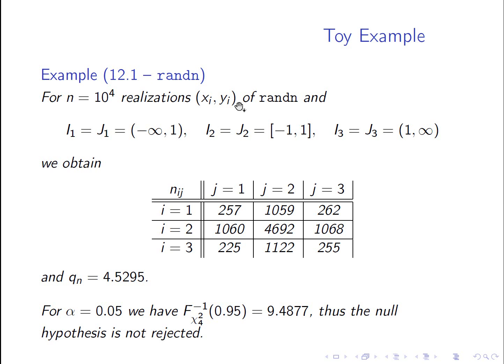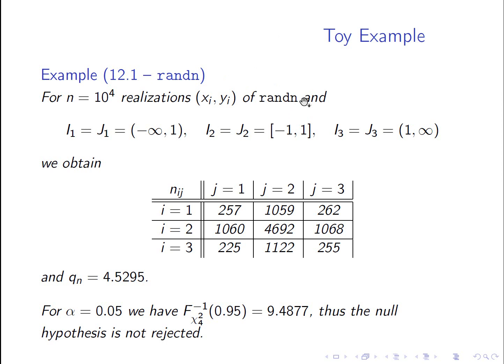Okay, that was the chi-square independence test, which we can use to check the quality of our pseudo-random number generators, or more precisely of the methods we have built on our pseudo-random number generators to generate samples from a target distribution.